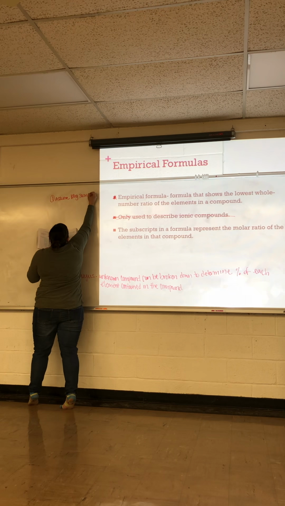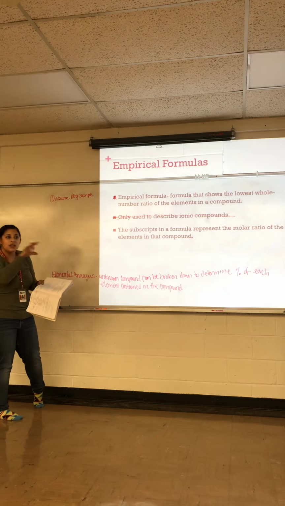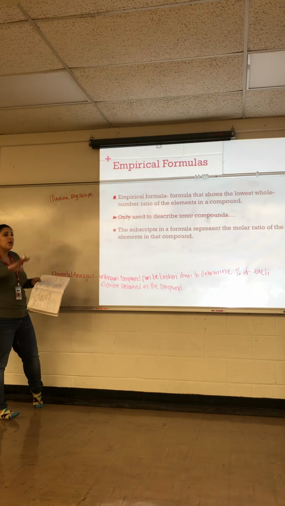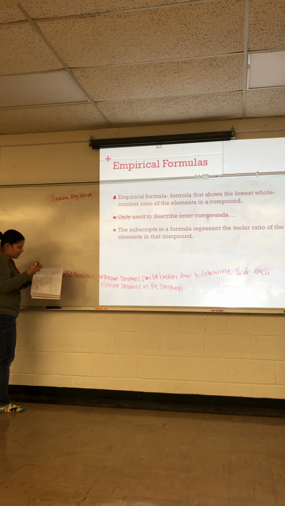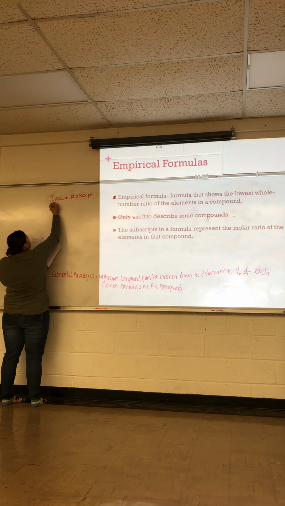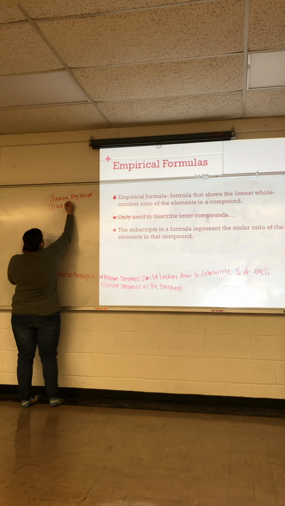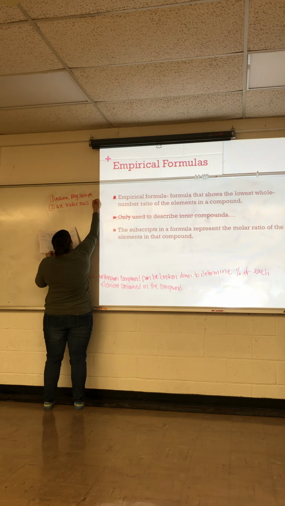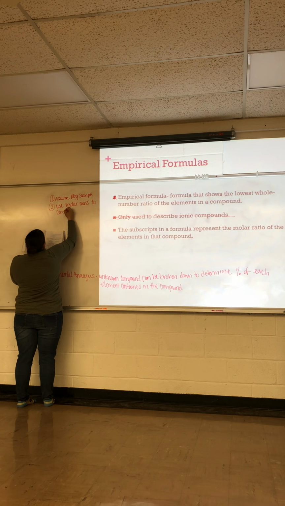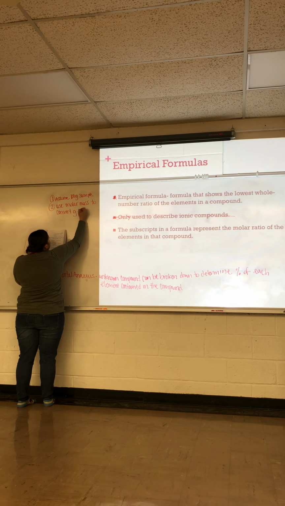This is to ensure that you can convert percentages very easily to their gram form. I'll show you what I mean by this in a second. The second step is to use molar mass to convert grams to moles.